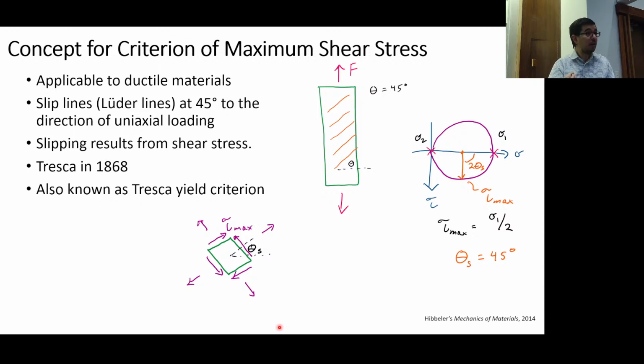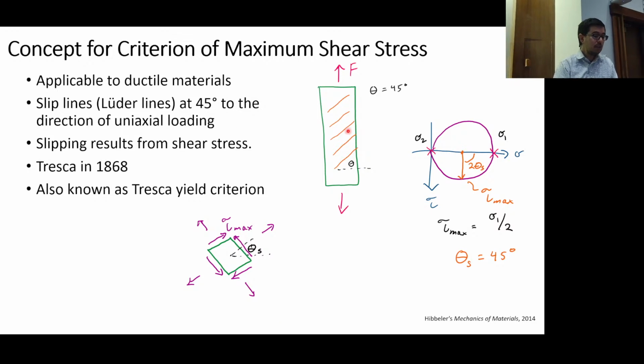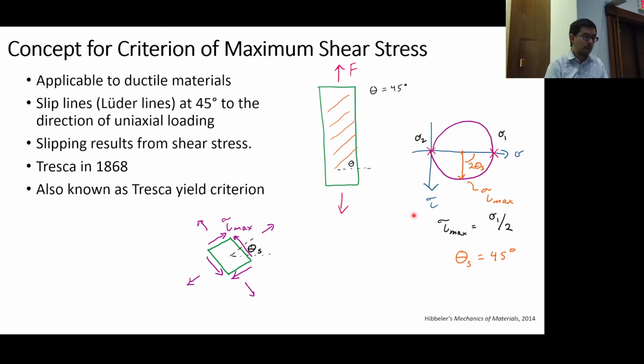There are situations where it can. If it's pure shear, then it could. But in this case, we know that when we get down here, sigma x prime and sigma y prime are also going to be equal to tau max. For this particular case, you see that, right? Because the radius is the same as the distance from the origin.